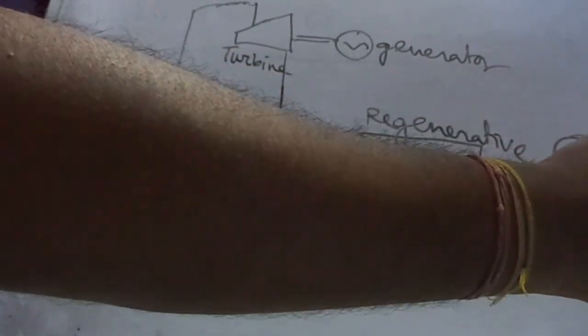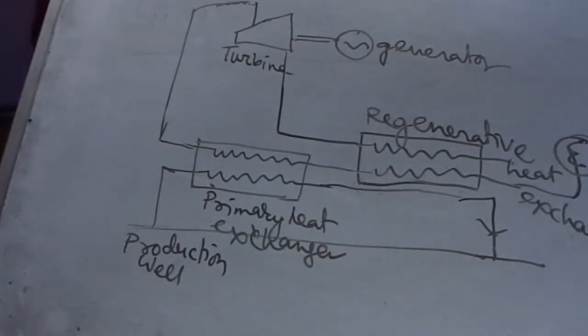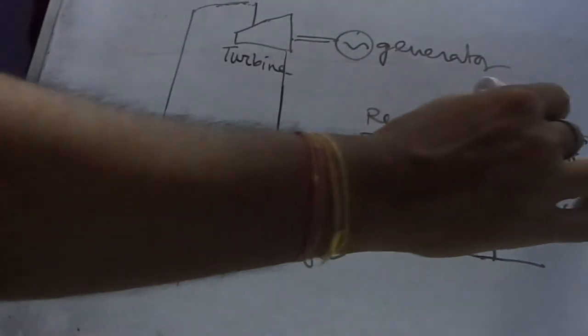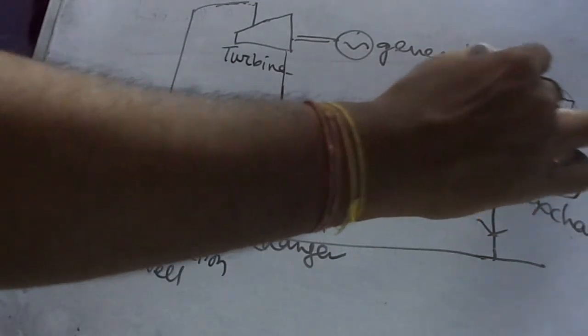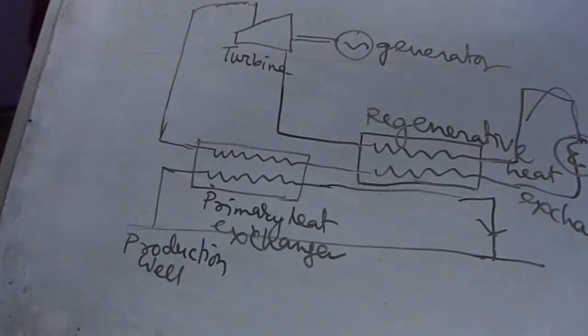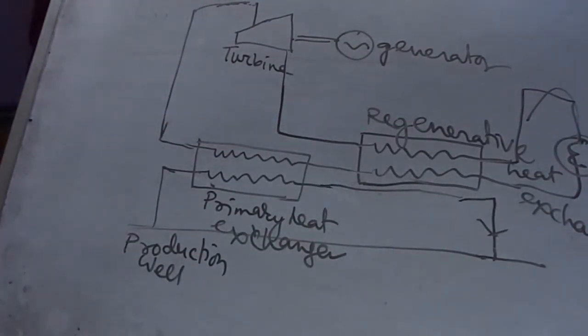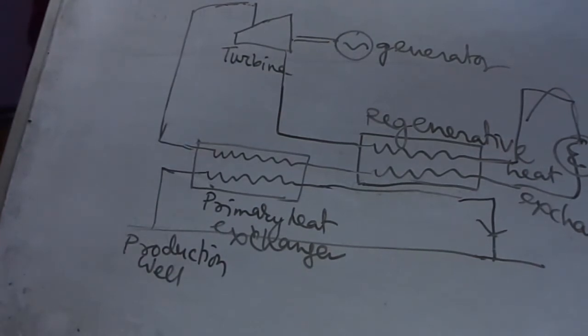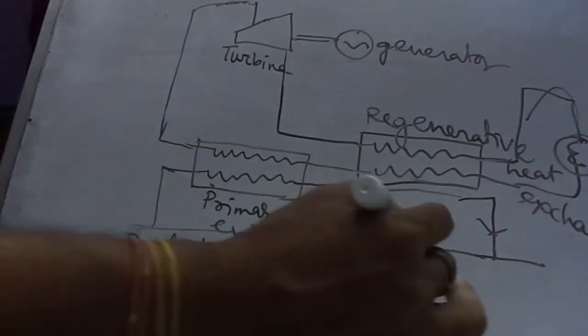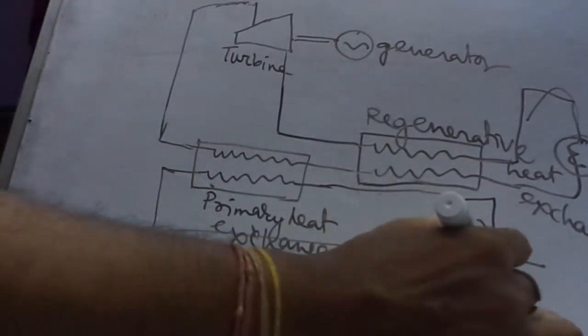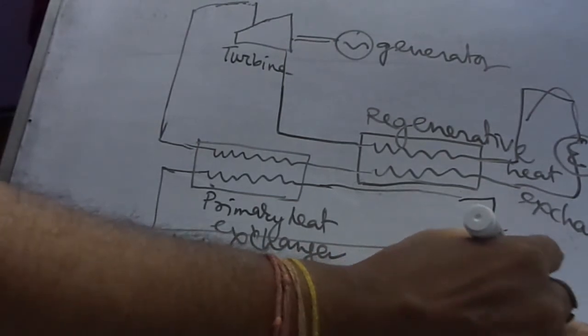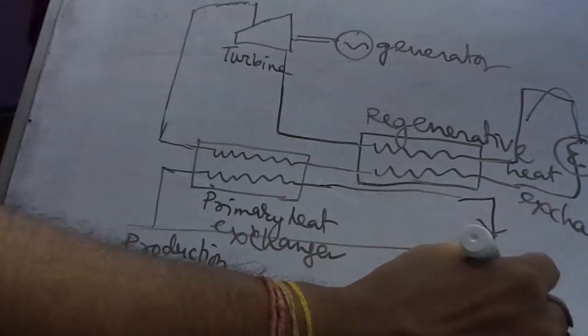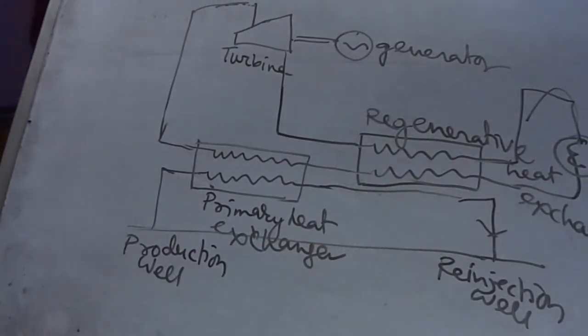Another line here. This one is the condenser and another one is the cooling tower. Here is the re-injection well.